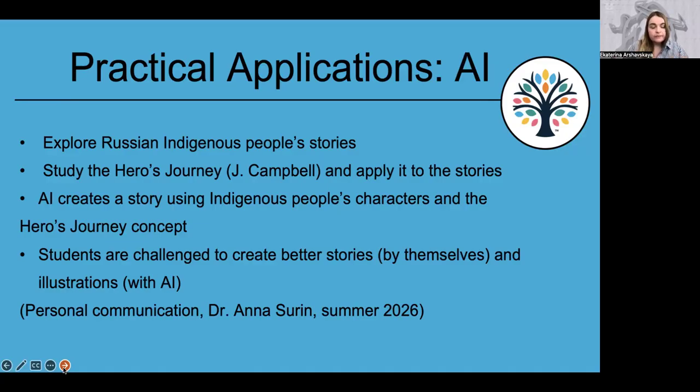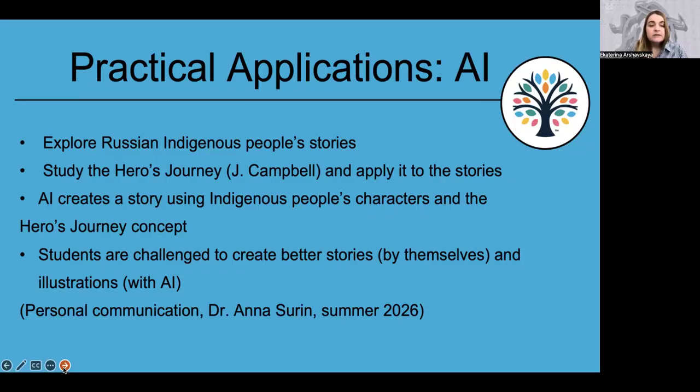This is an idea that every old narrative, a story, has certain patterns or structure that it follows. And then they apply this concept to analyze the stories.